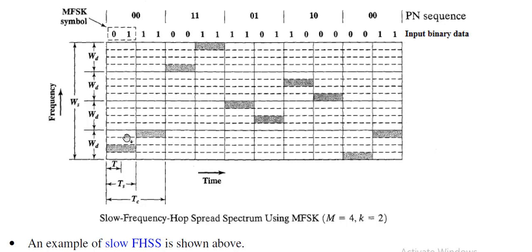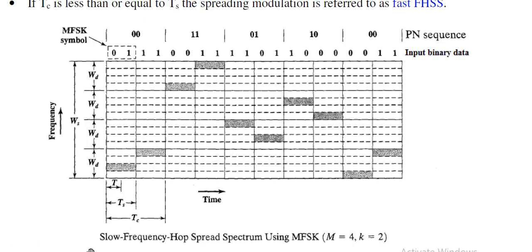We jumped from one channel to another. If we call these W1, W2, W3, W4, here we are in W1, this time we are in W4, this time in W2, this time in W3, and this time in W1, and so forth. So we are hopping from one channel to another. And as we said before, this is what we call slow frequency hop spread spectrum.